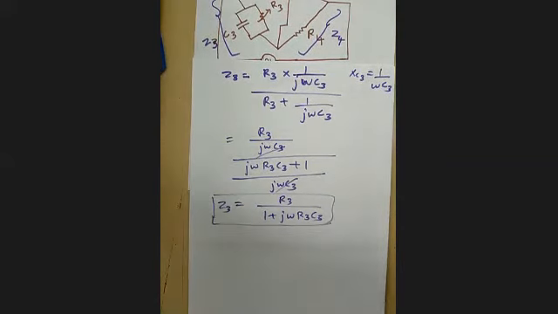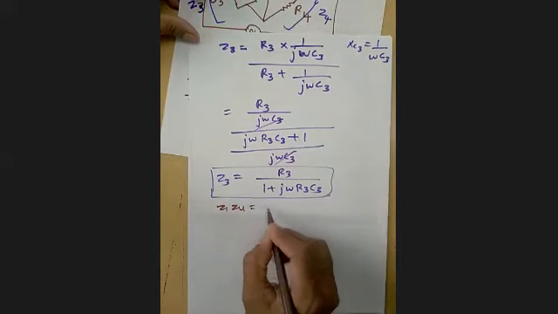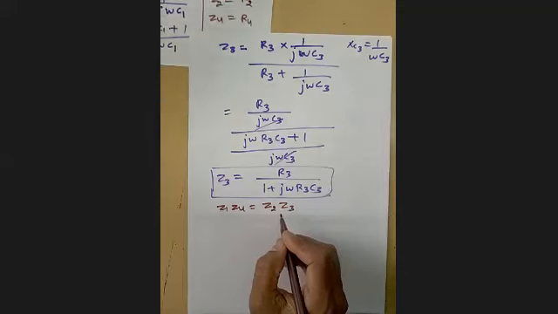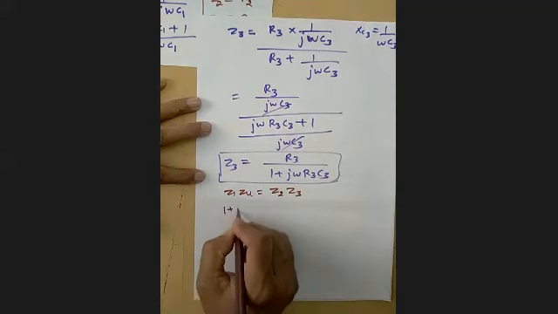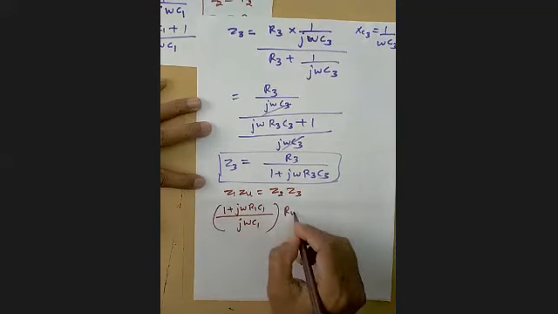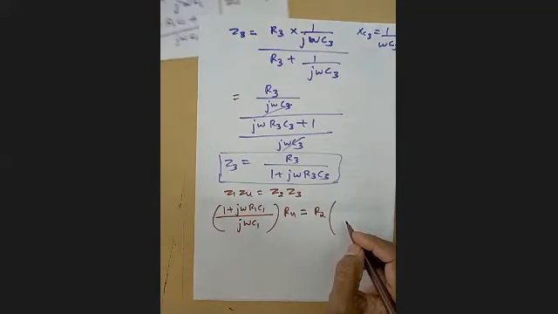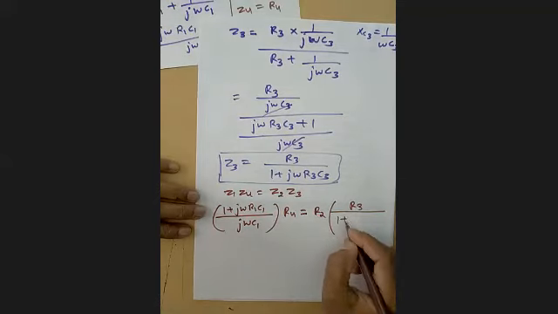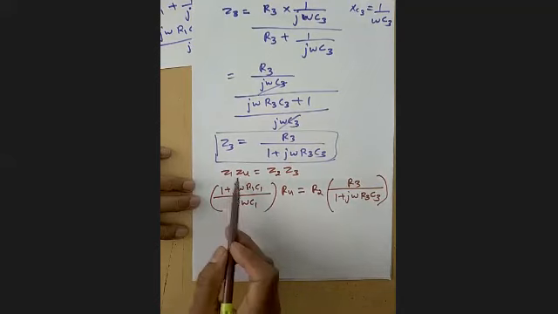Now apply the balance condition. Now I put all the values of Z1, Z4, Z2 and Z3.